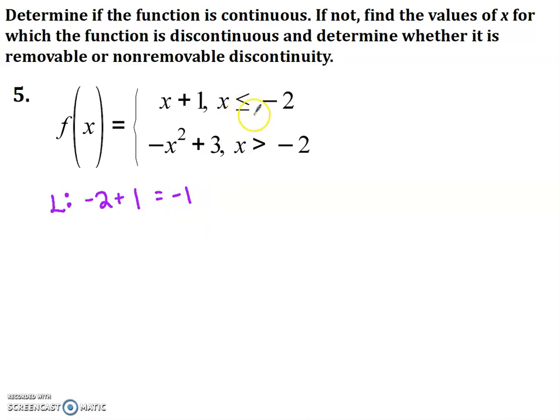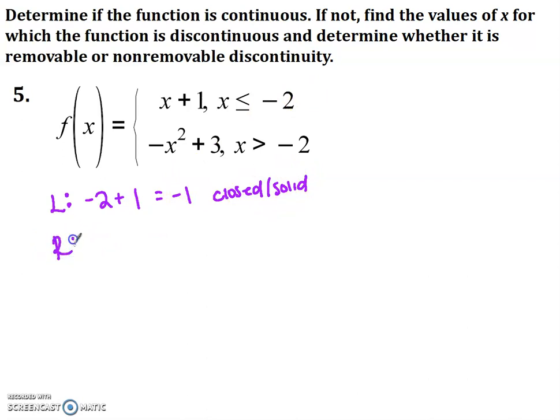So then I would have a point here at -2, -1. And since it has an or equal to, that would make this a closed or solid point, whatever you want to call it. Okay, so closed or solid, since I have the or equal to. So this graph is going to end at -2, -1 with a solid point.